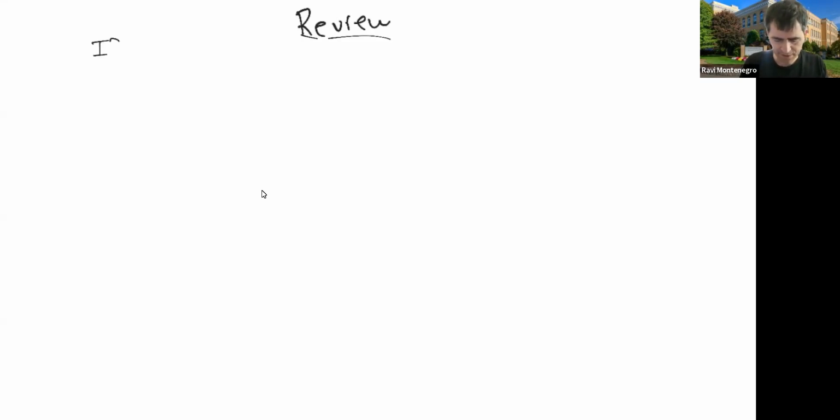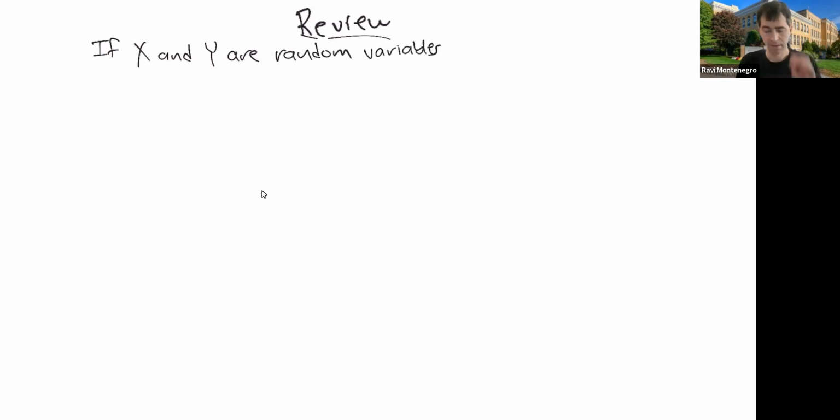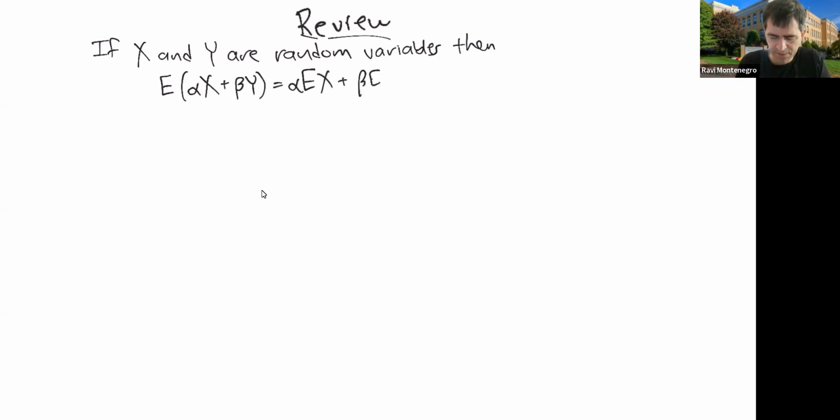So if x and y are random variables, then we have a few things. The expectation, if we multiply by some constants, would be alpha times the expected value of x and beta times the expected value of y.